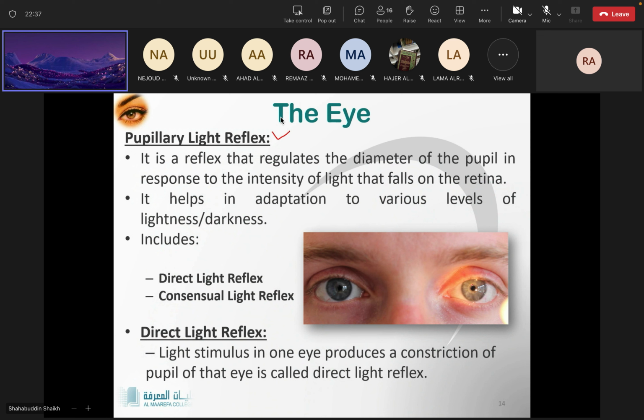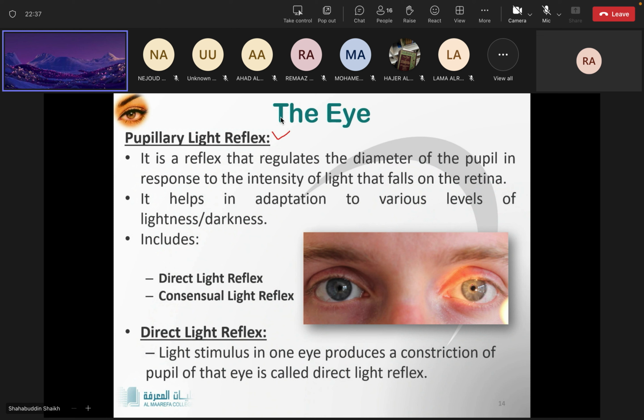You can see the person looking at the distant object and the person looking at the near object. You can see the direction of the eyes here. Clear? So convergence of visual axis means both the eyes are coming towards the center.